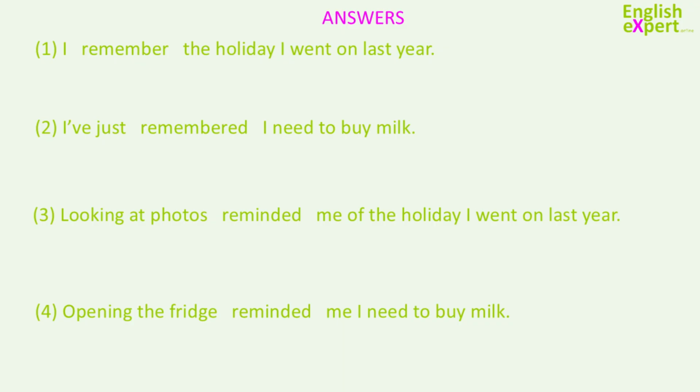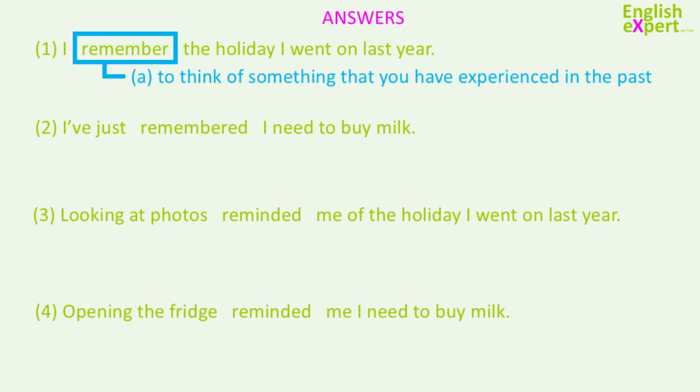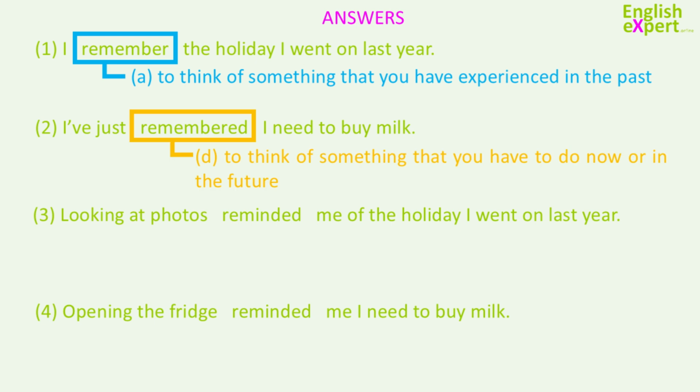Here come the answers. In sentence 1, remember matches with meaning A, to think of something that you have experienced in the past. In sentence 2, remember matches with meaning D, to think of something that you have to do now or in the future.